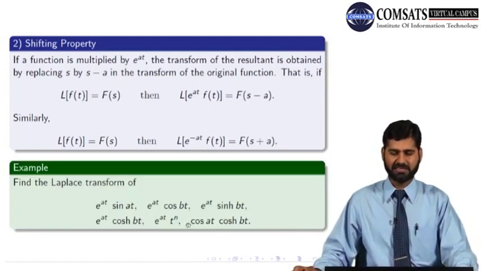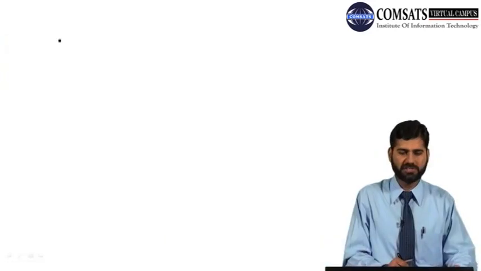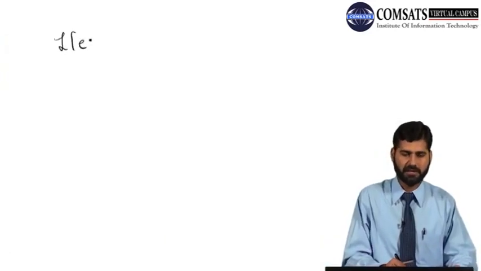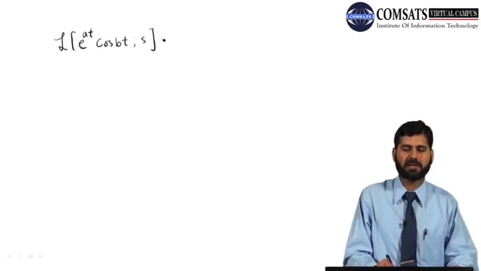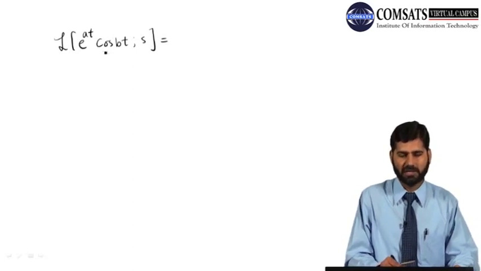As an example, we can see this. Using the shifting property, I can write e to the at cosine bt. Find the Laplace transform of this one. I know the Laplace transform of cosine bt.